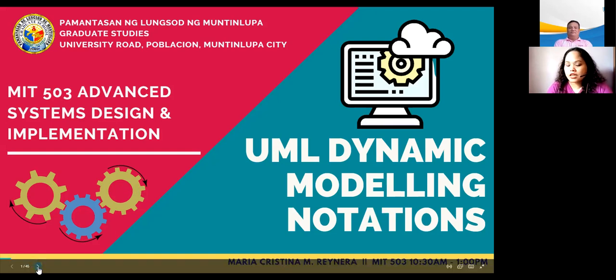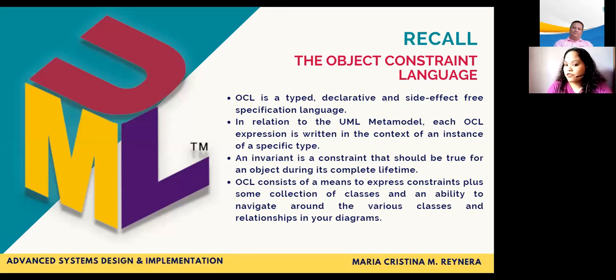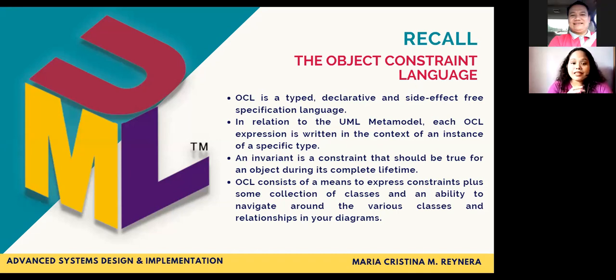So let's have a recall of the discussion of one of our classmates a while ago. For the prior two discussions, first, OCL is a declarative and side effect free specification language. Meaning the type means that the OCL expression evaluates to a type and must conform to the rules and operation of the type. Then in relation to the UML meta model, each OCL expression is written in the context of an instance of a specific type.